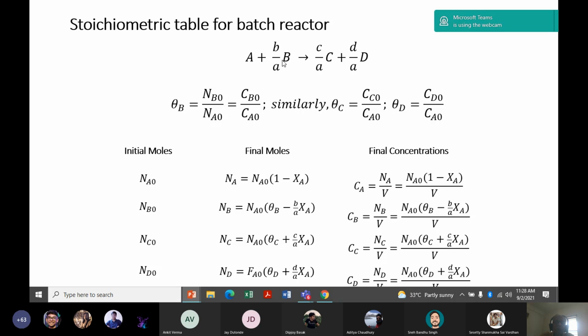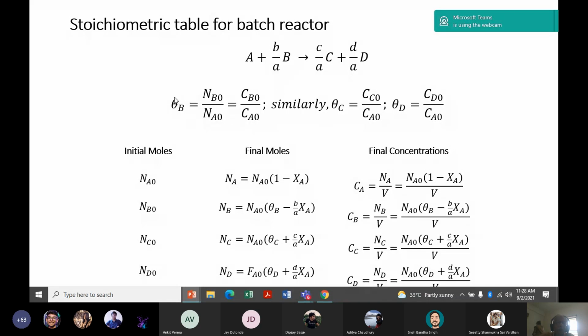But if we supply 3 or 3.5, then the stoichiometric ratio and the initial molar ratio are not the same. So remember that the molar ratio supplied initially can differ from the stoichiometric ratio B by A.